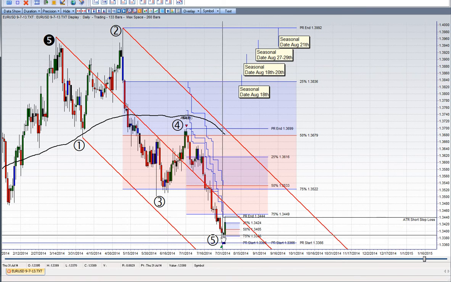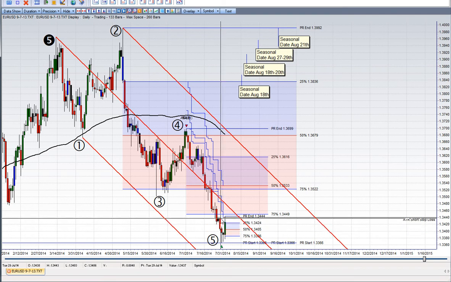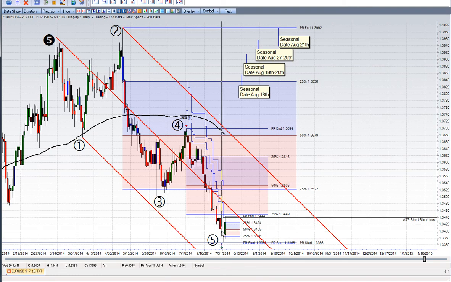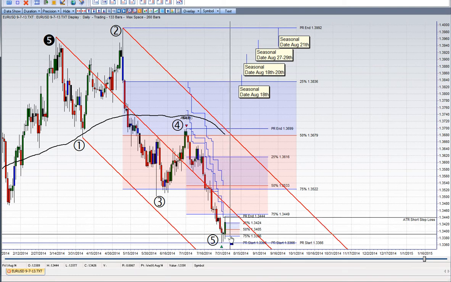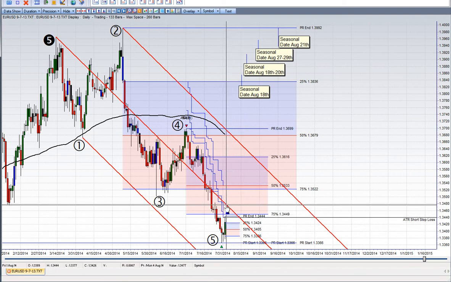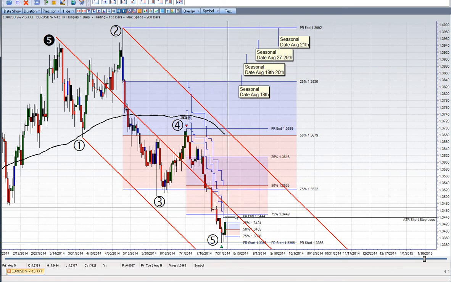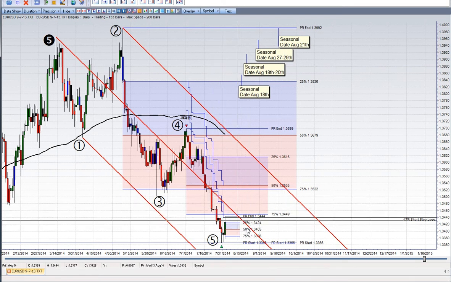It took out yesterday's, it took out Wednesday, and I think it almost took out Tuesday's, and then kind of paused right there. So this is the range we got. We definitely got to get above this 75%, which is at 34.49, and this Andrews Pitchfork 50% angle right here.